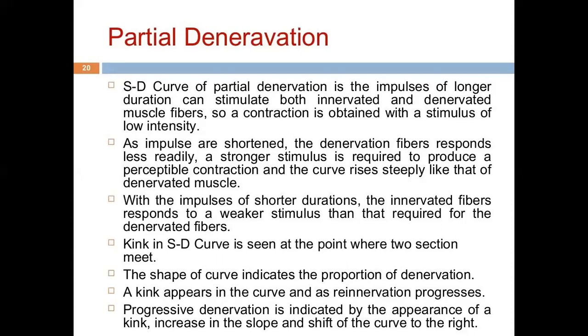A kink in the SD curve is seen at the point where the two sections meet. The shape of the curve indicates the proportion of denervation. A kink appears in the curve as the denervation progresses. Progressive denervation is indicated by the appearance of a kink, an increase in the slope and a shift of the curve to the right.